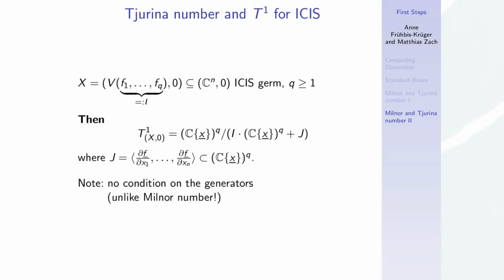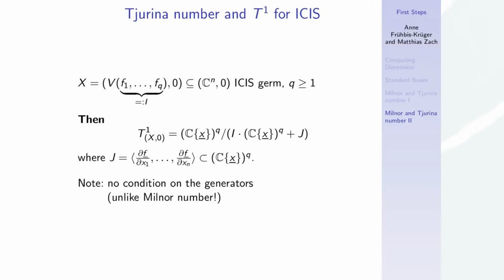Note that this is a computation with modules instead of the computation with ideals that we had before, all the way to the last slide. Here's the first time we are dealing with free modules. And also note that here we don't have some kind of condition on the generators of what we factor out like we had on the previous slide.